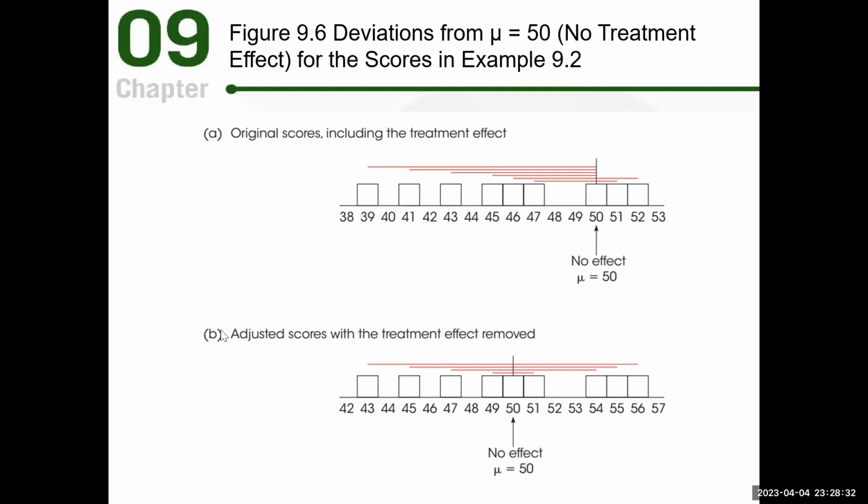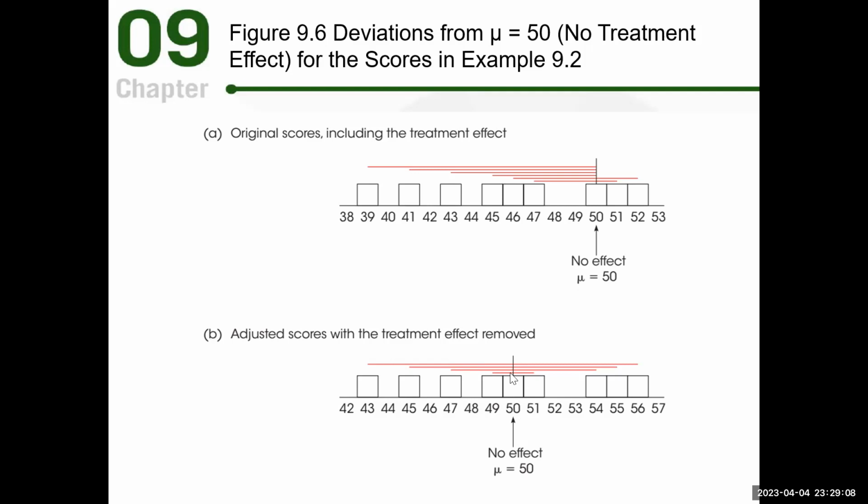B is the adjusted scores with the treatment effect removed. In our example, we had a population mean of 50 and a sample mean of 46, so the difference in the scores was 4. In the original example, these are what happens when the treatment effect is in effect. But when you remove that, all they did was add 4 to every score, and that's why you see it more balanced down here.